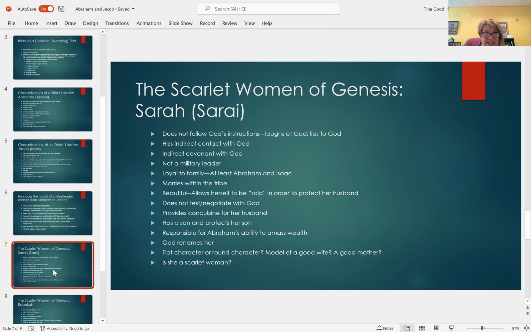She's clearly not a military leader, but she is loyal to her family, especially Abraham and Isaac, if not Ishmael and Hagar. She does marry within the tribe. She is beautiful. She allows herself to be sold in order to protect her husband. So we begin to see this protection theme, particularly for mothers and wives.